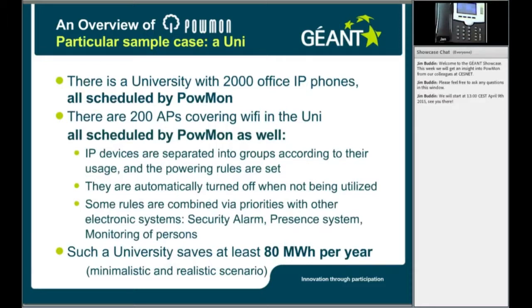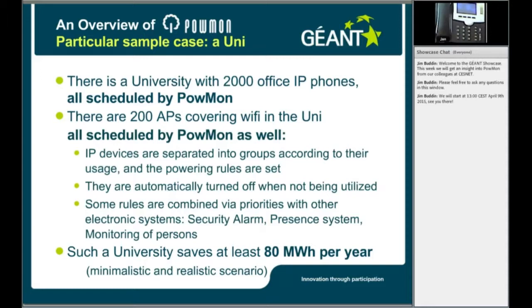So there is another particular sample case, which is a university. It's a normal average university with about 2,000 IP phones. And if they are all scheduled by power monitoring software, together with scheduling the Wi-Fi APs in such a university, there might be about 200 of them.